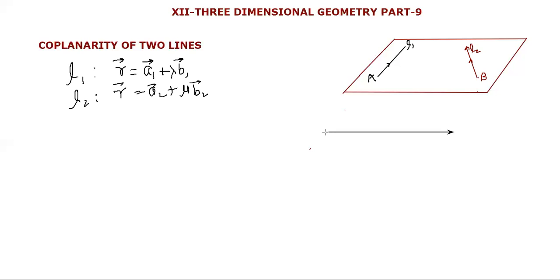So this is a Cartesian coordinate system: x-axis, y-axis, and z-axis, with the origin.